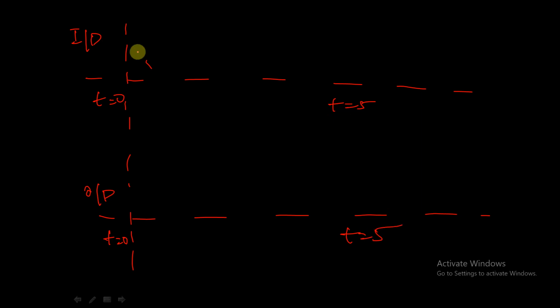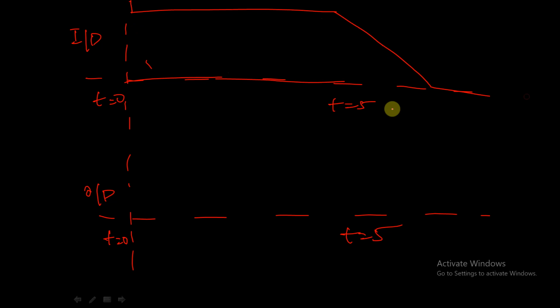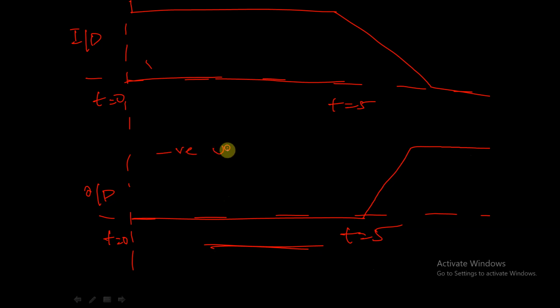Initially the input is 1, and at t equal to 5 nanoseconds I'm changing my input to 0. What happens here? At the output, I can see the output is changing from 0 to 1 at t equal to 5 nanoseconds, right? Like this, the output changes. So this is called negative unateness. Is it clear?